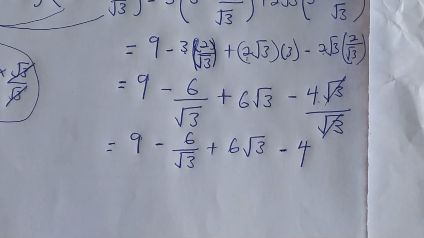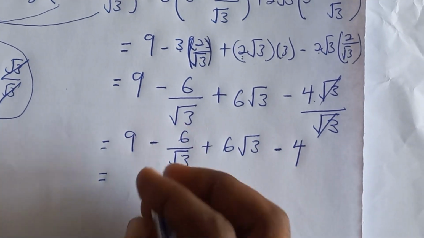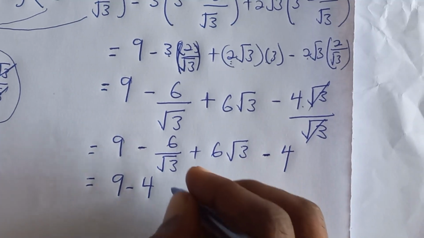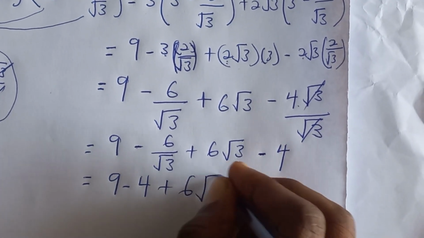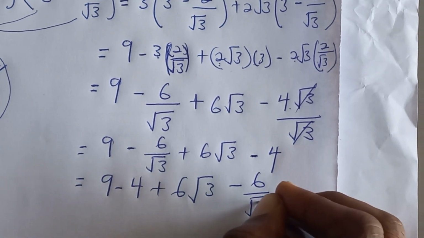Good. So let's group like terms. So 9 minus 4, then we have plus 6√3 minus 6/√3.